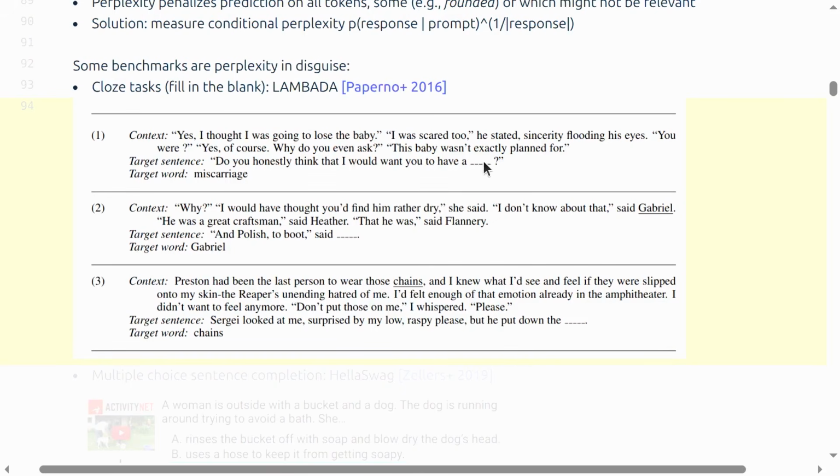By focusing on positions that require long distance dependencies to resolve, you sharpen the perplexity to some phenomena that you care about.